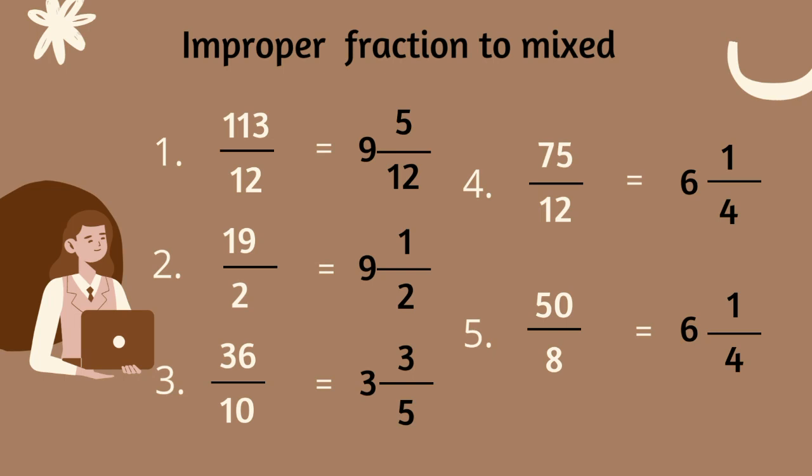So, the answer is 3 and 3 over 5. So, that's correct. And number 4 naman is 75 over 12. It's 6 and 1/4. So, ginawa na natin dyan is sinimplify na agad. So, that's wrong. So, number 5 naman is 50 over 8 is equal 6 and 1/4.